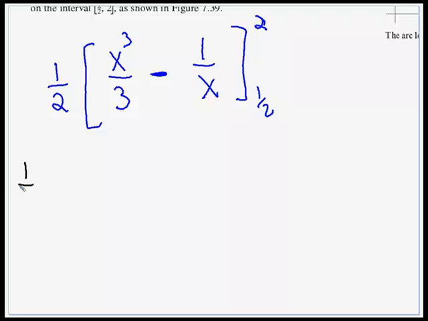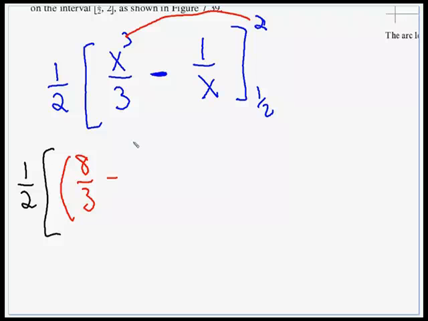Let's see here. Plug in the 2 first. 2 goes in. We're going to get 8/3 minus the 2 goes in for this x. 8/3 minus 1/2. Minus.